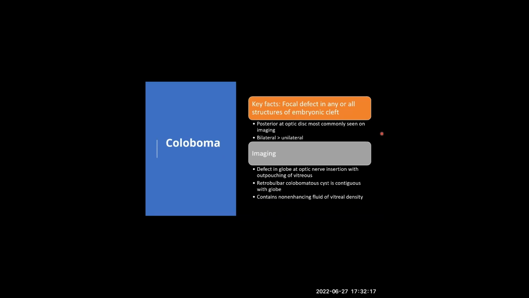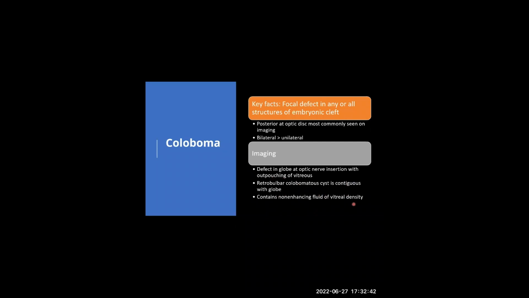Through this defect, the content of the eye globe can herniate out. This defect in the globe at the optic nerve insertion, without pouching of the vitreous, is a retrobulbar cyst contiguous with the globe that contains non-enhancing fluid of vitreal density.